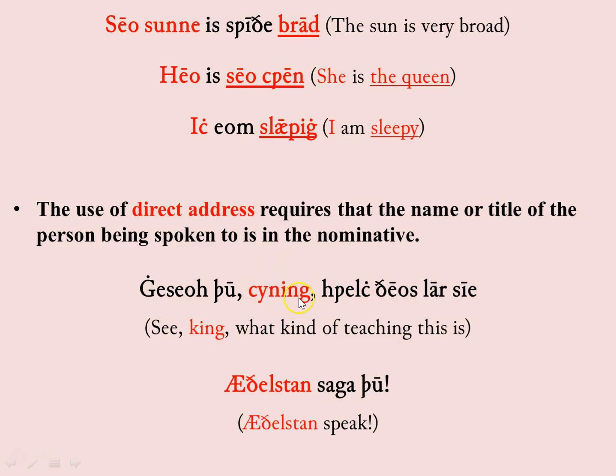So the object of that direct address is in the nominative. So king is in the nominative here. Æþelstan sprec þu. Athelstan speak. Athelstan is being directly addressed. So Athelstan is in the nominative. Sprec þu, speak. Say you. So Athelstan speak.